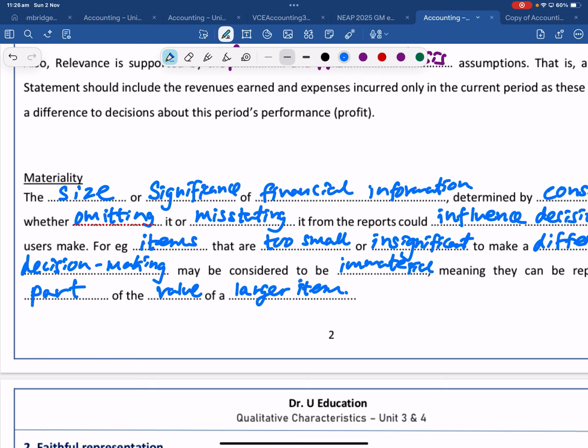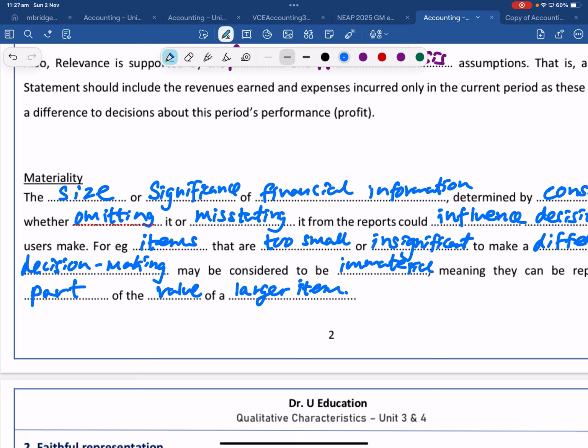Not really. Why? Because including that $50 calculator is not going to change any decision of the users. The investor is not going to change his decision based on that $50, because the other values are high. Sometimes, if it is a big business, its values can be in millions. So are we going to include that $50 in the millions? Doesn't make sense, right? So that means it is not material enough.